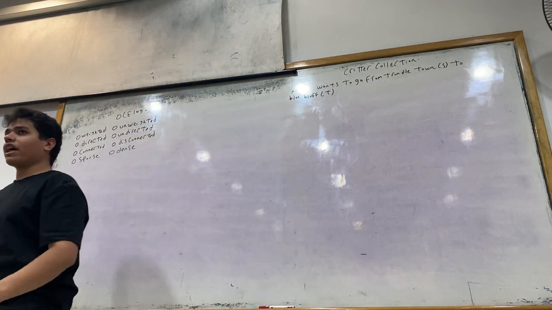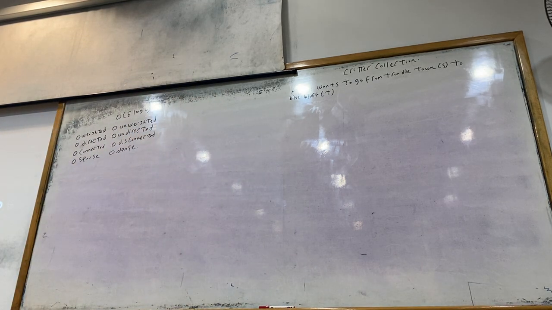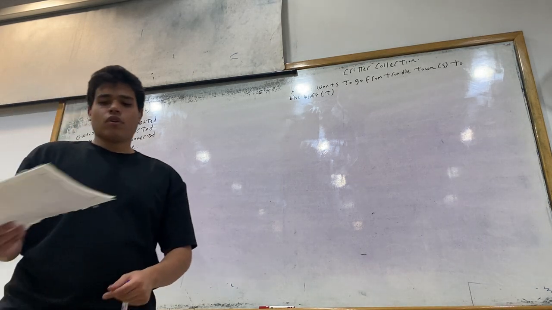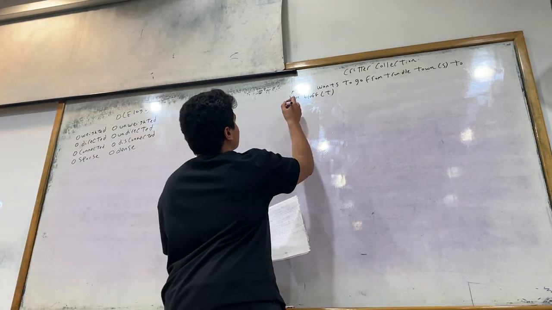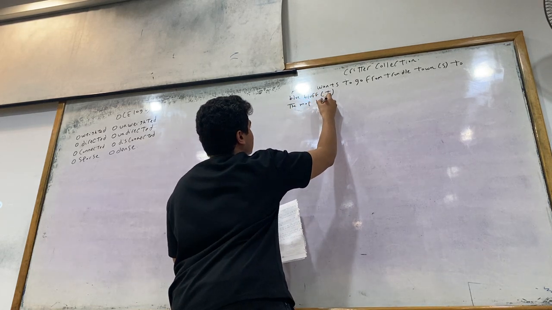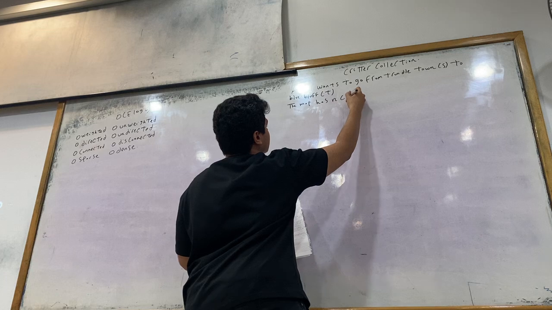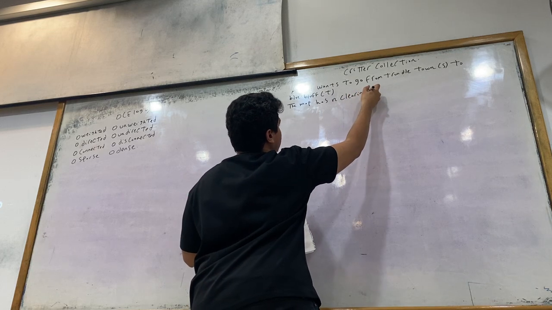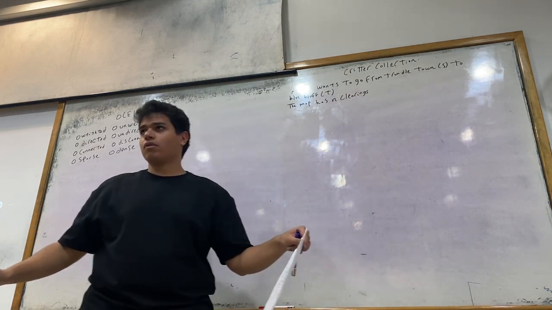There is a girl called Ashley that should go from Trundle Town, which is the source, to the target, which is a city called Blue Bluff. Okay? It tells you the map that Ashley will go through has n clearings. Clearings are like places, so it has n places, or n clearings.